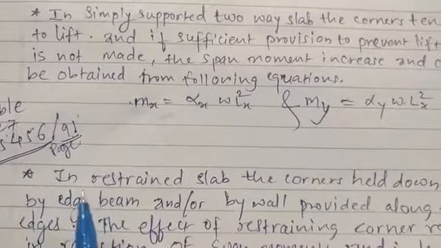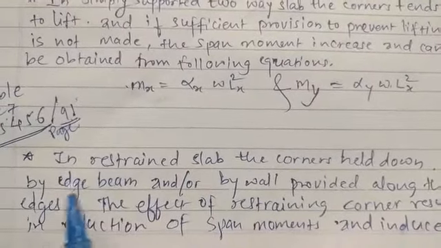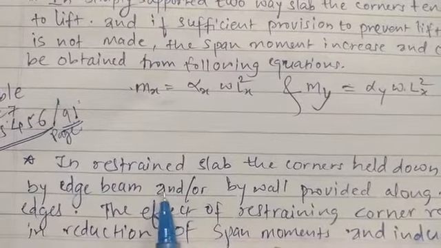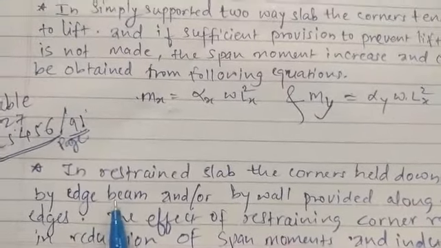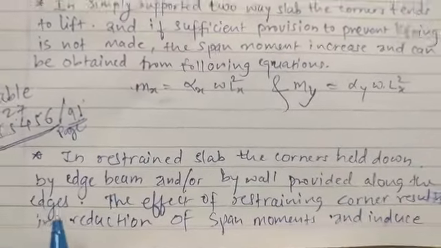In the restrained slab, the corner is held down by an edge beam or, in some cases, by a wall provided along the edges.